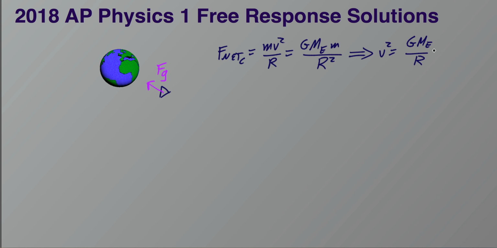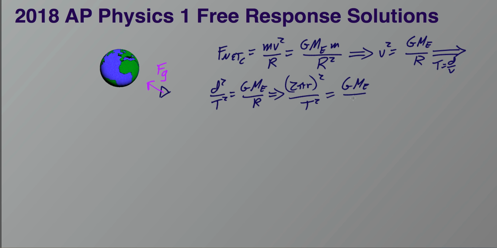And then recognizing v equals d over t, we've got a constant velocity, so t, our period, is equal to distance divided by velocity, where our distance is going to be once around a circle, the circumference, 2 pi R. We could write this as d squared over t squared equals GM_E over R, or d squared, that's 2 pi R squared over T squared equals GM_E over our radius. Just a little bit of algebraic rearrangement.